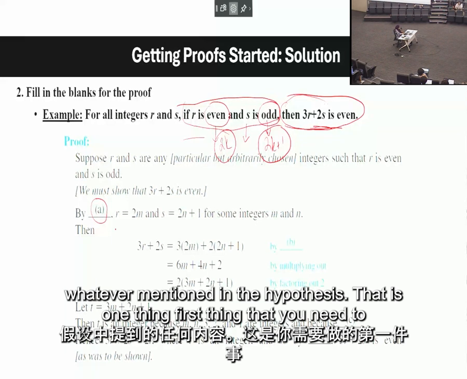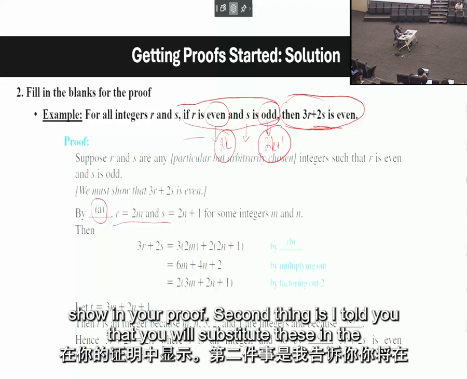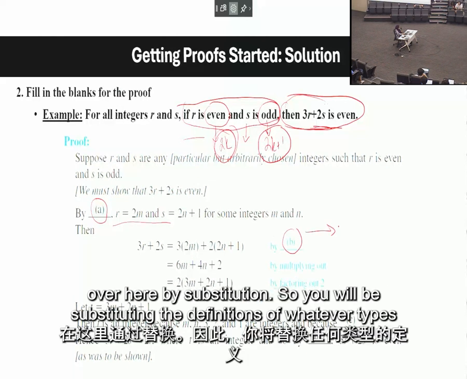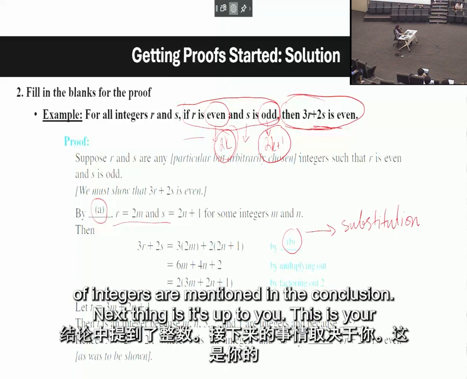That is the first thing that you need to show in your proof. The second thing is, I told you that you will substitute these in the conclusion. So you have to show the substitution. You will be substituting the definitions of whatever types of integers are mentioned in the conclusion.